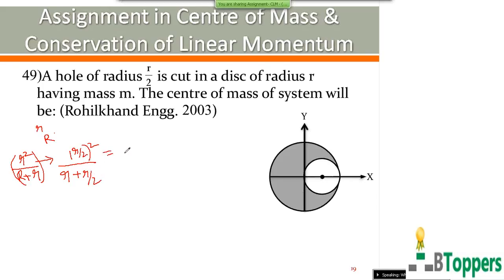So that comes out to be r by 2 into r by 2 divided by 3r by 2. That comes out to r by 6. That means the distance of the center of mass of the remaining plate from the center of the original plate will be r by 6.